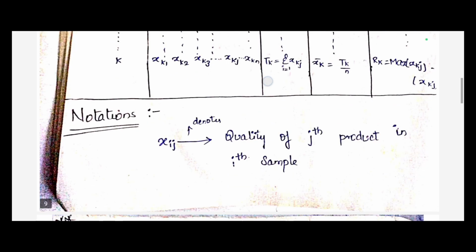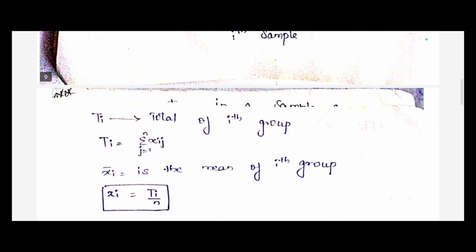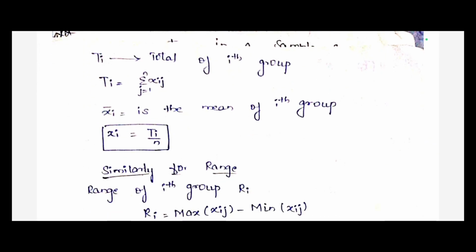Next, the notations play a very important role. Xij is the quality of the jth product in the ith sample. Ti is the total of the ith group, Ti equals summation j runs from 1 to n of Xij. Similarly, the mean of the ith group is Ti divided by n.